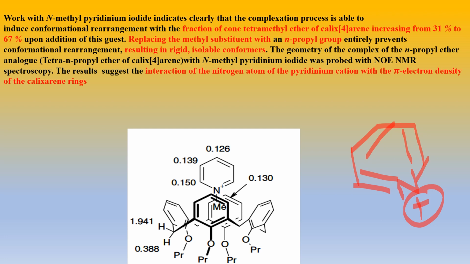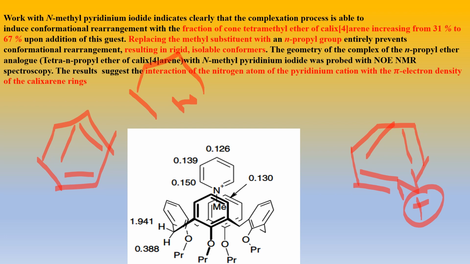So automatically there will be a cation pi interaction. So this pyridine ring will be interacting with the pi electron clouds of the aromatic rings. There will be 4 aromatic rings. So this pyridine cation will interact with these 4 pi electron clouds.